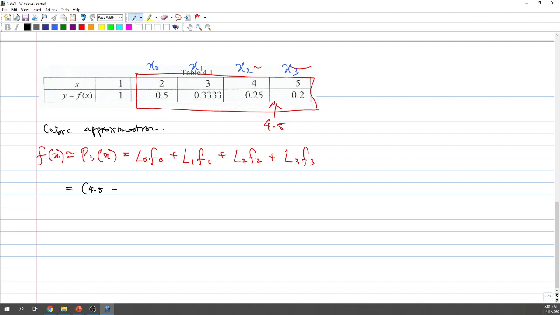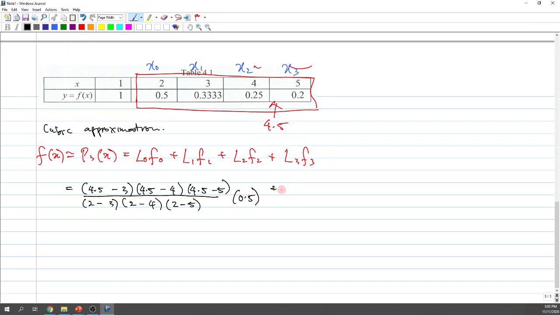So 4.5 minus the values other than x0. We start from x1, so 3, 4.5 minus 4, 4.5 minus 5, divided by 2 minus 3, 2 minus 4, 2 minus 5, times the f(x0), which is 0.5.